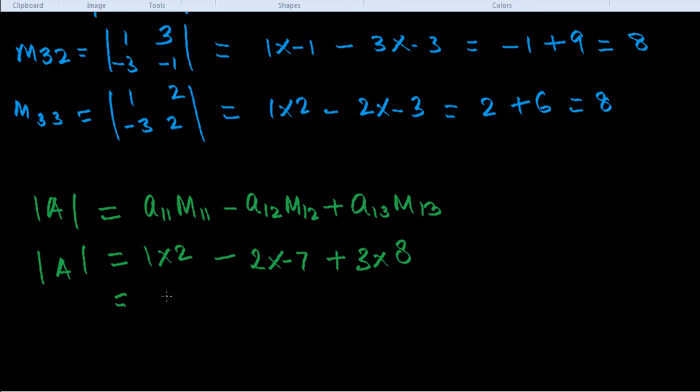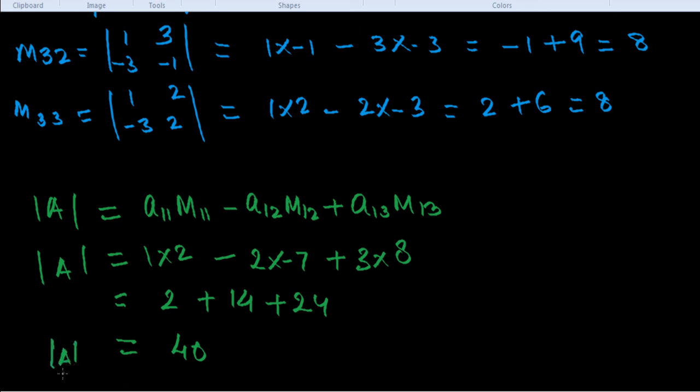Now we get here 2 plus 14 plus 24. So we get here 24, 28, 38 and 40. This is the value of this determinant A.